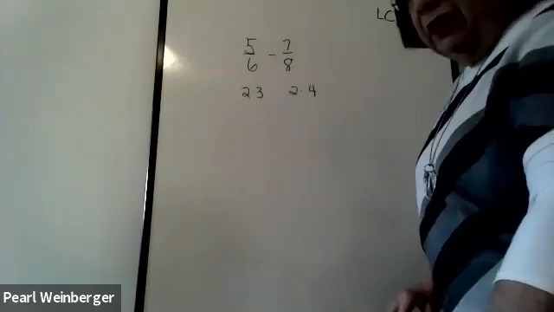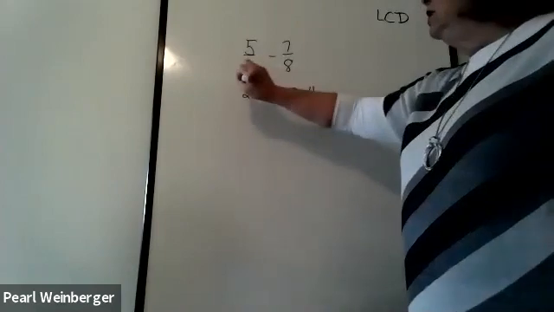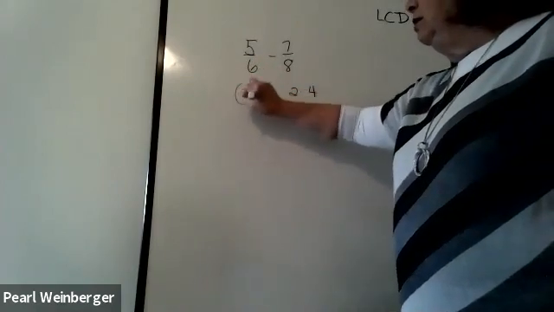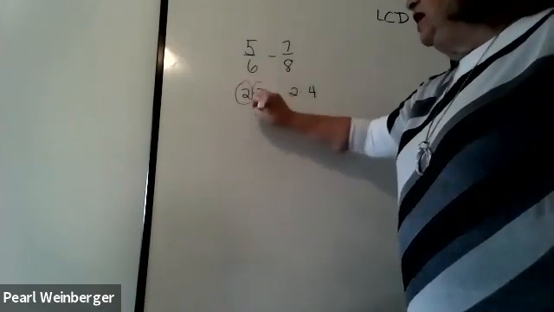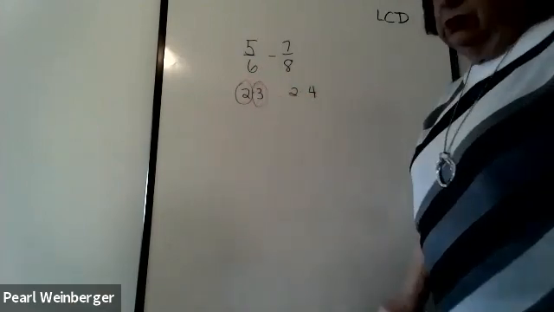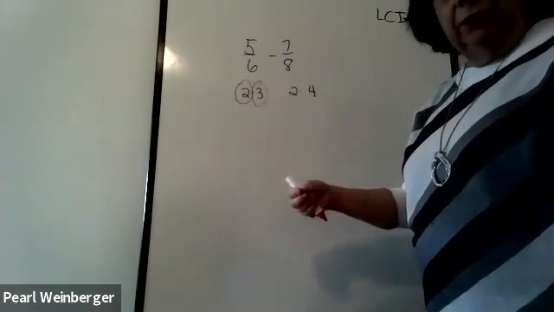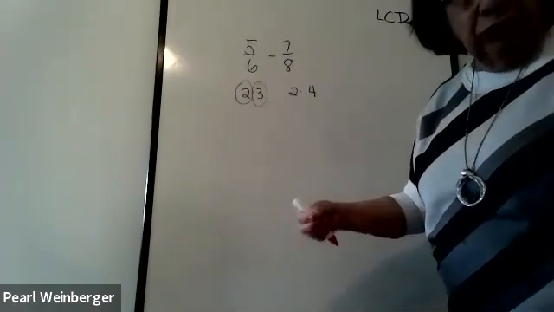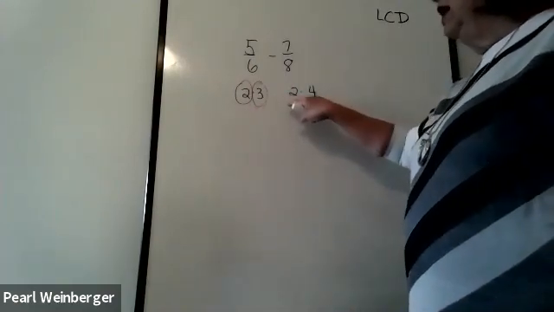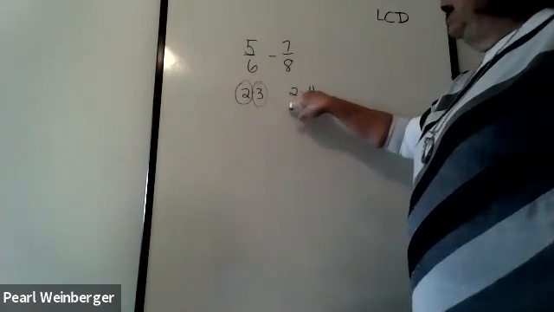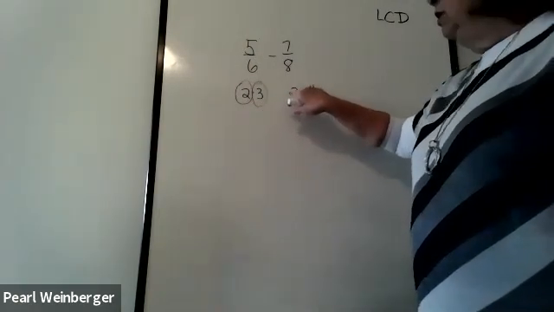When you want to find the least common denominator, you start with your first denominator, which in this case is a 6, and circle all the factors of that denominator. I'm specifically doing this in a manner that will apply to algebraic fractions as well. You then go to your second denominator and circle anything that hasn't been circled before.